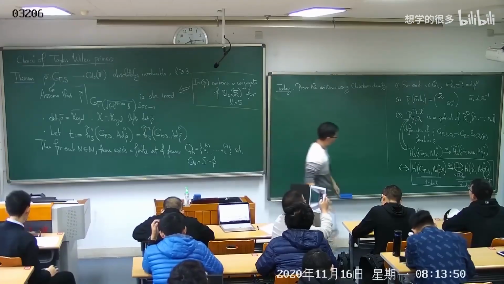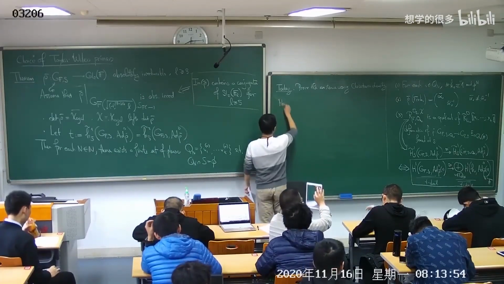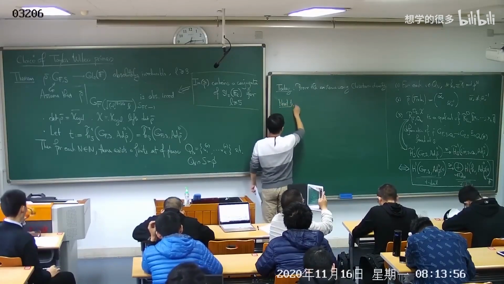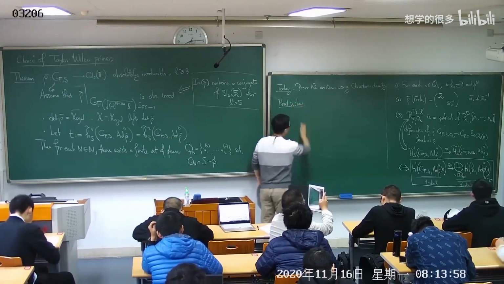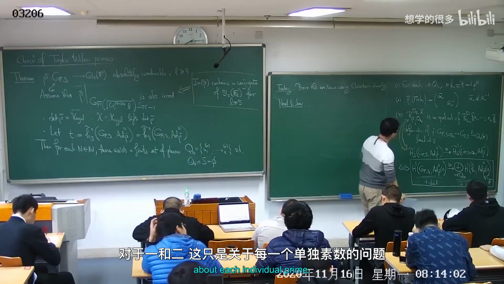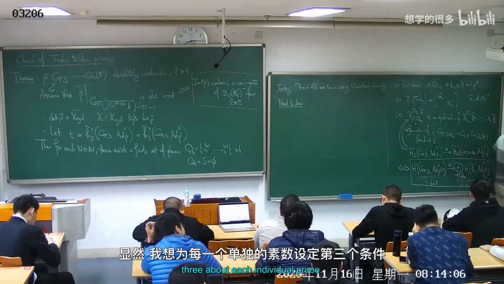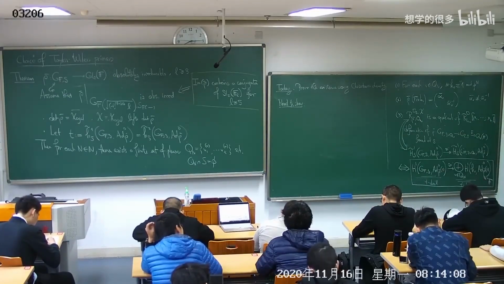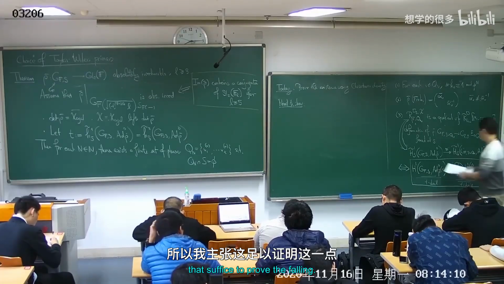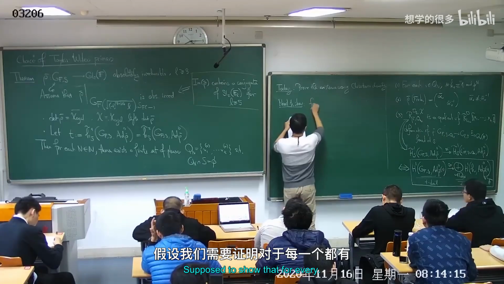Okay. So what do I need to show? In fact, what I need to show is the following. For 1 and 2, it's just a question about each individual prime. So basically, I want to make condition 3 about each individual prime. So I claim that it suffices to prove the following.